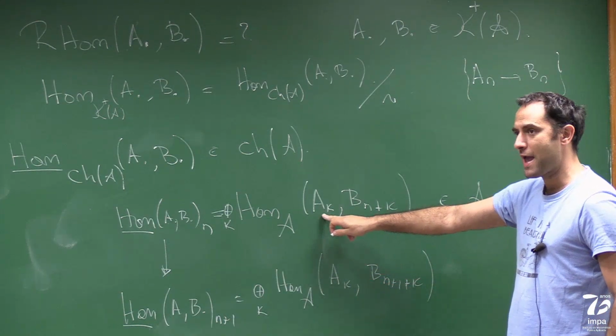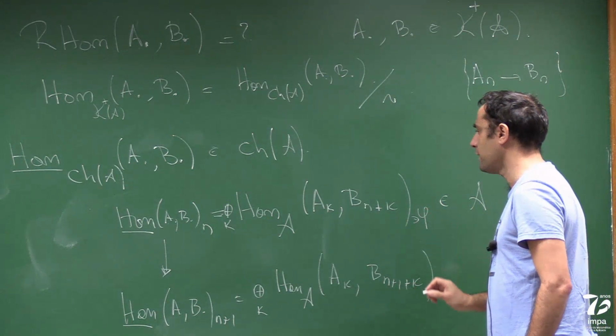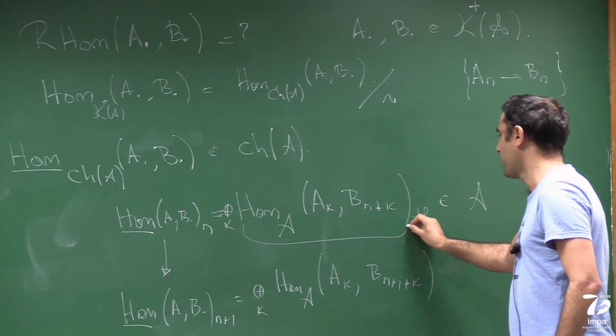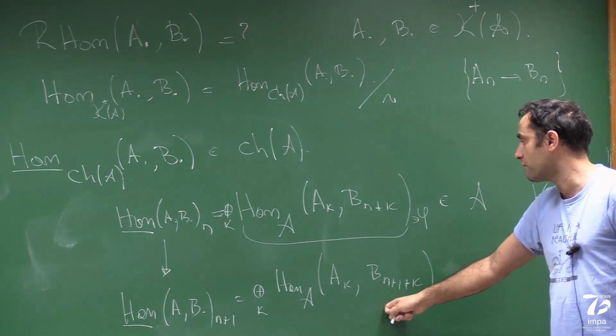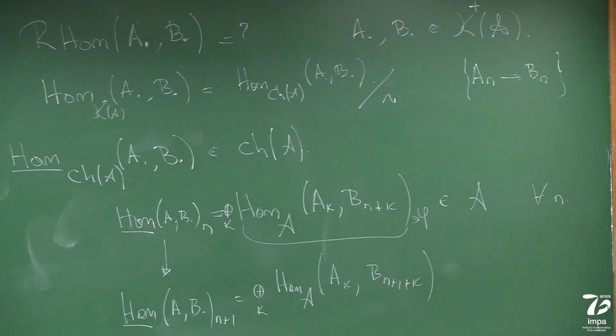Let's pick a phi in this component, and I need to tell you what the image of phi is. Phi is a map from AK to BK plus n. It increases degree by n.